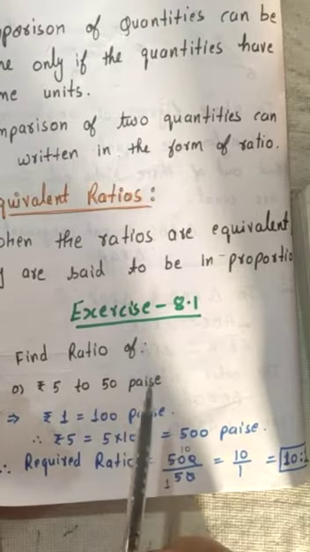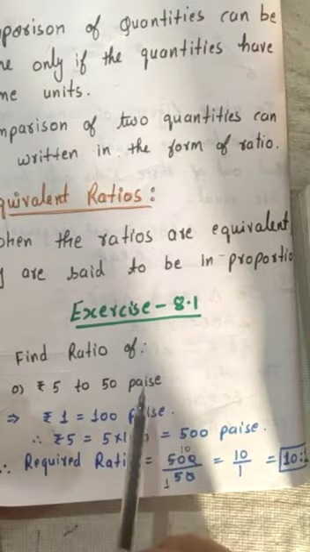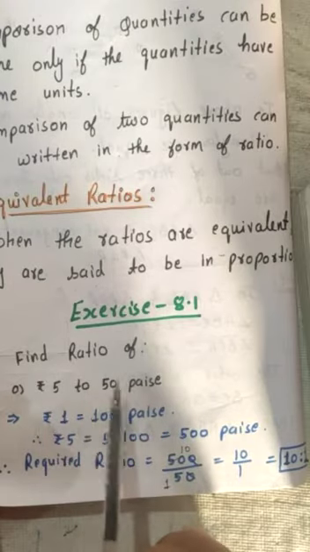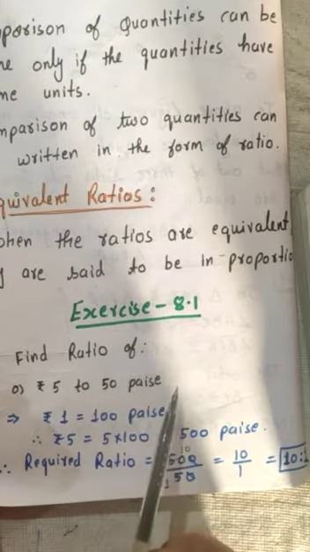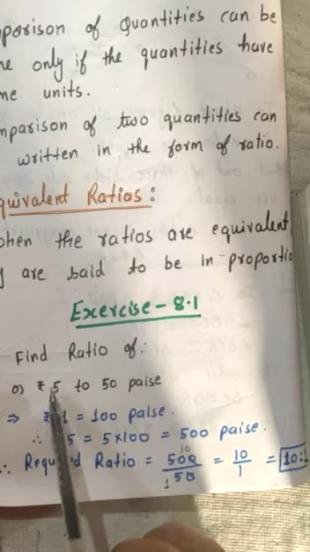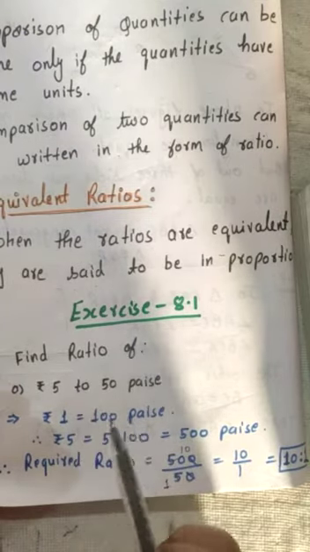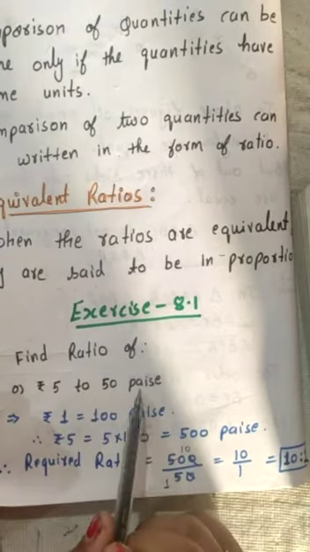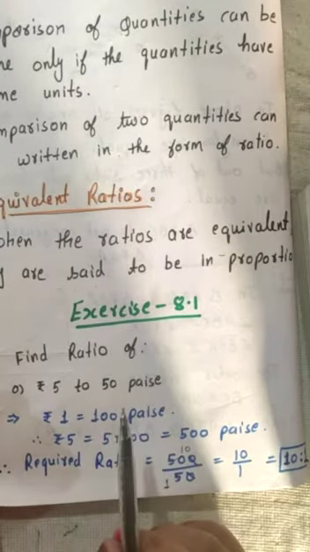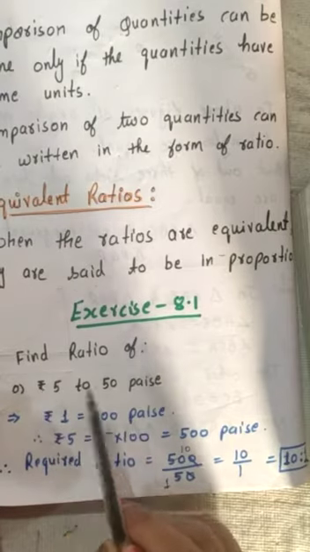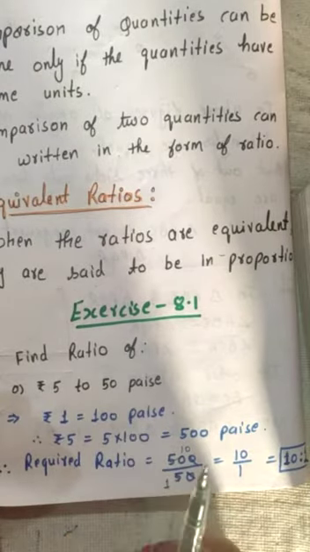So the first thing you have to do is make the units the same. Either you can change rupees into paise or paise into rupees. The simplest way is converting the bigger unit into the smaller unit, because there you have to multiply.